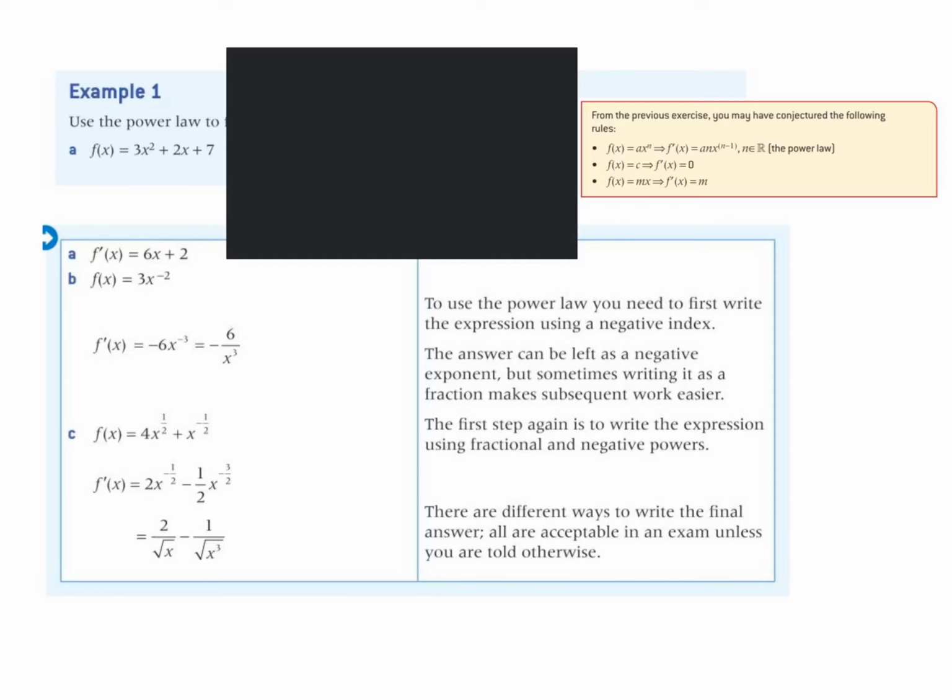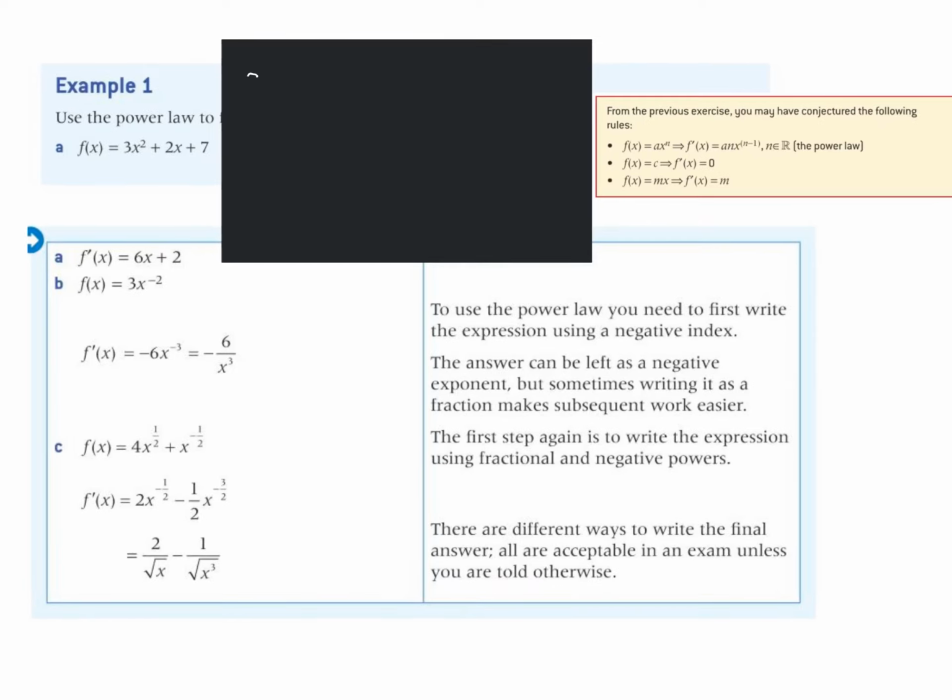Let's write that out. We've got the function f(x) equals 3x squared plus 2x plus 7. We're going to use this rule here, the power law. So watch as we go. We go term by term.